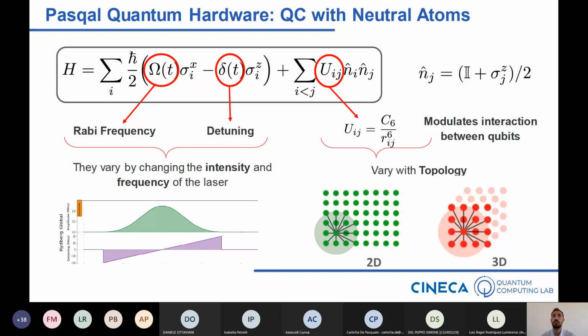Sigma x is like the bit flip, so it's 0, 1, 1, 0. Sigma z is 1, 0, 0, minus 1. Yeah, exactly.